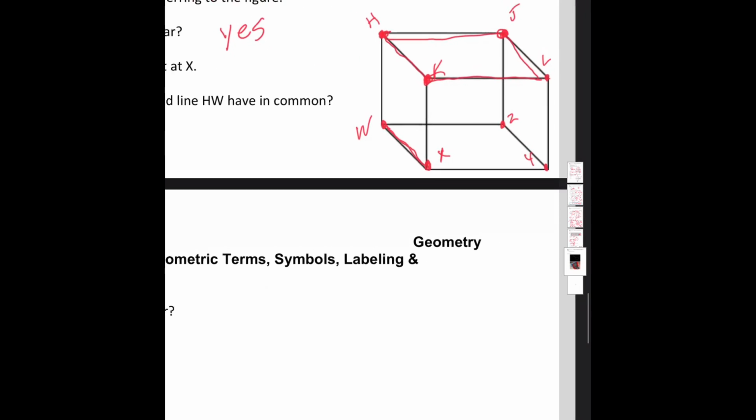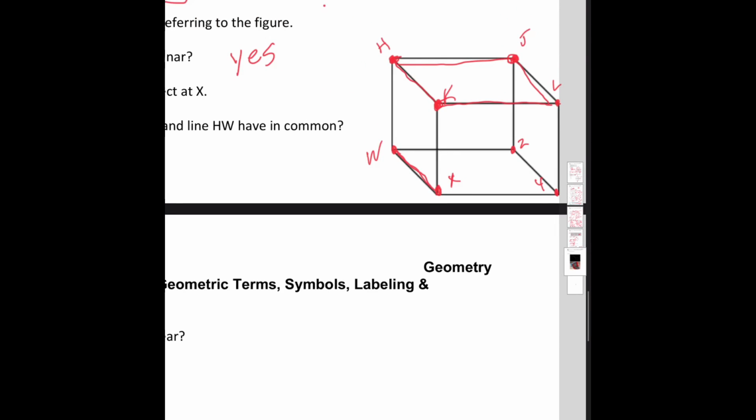Name 3 lines that intersect at X. So remember our labeling from before. So what lines intersect at X? We have one line here. So that's line WX. So remember to label with 2 points. We also have line, let's see here what this point is, XY.